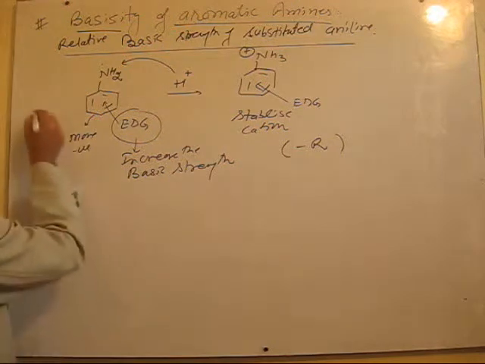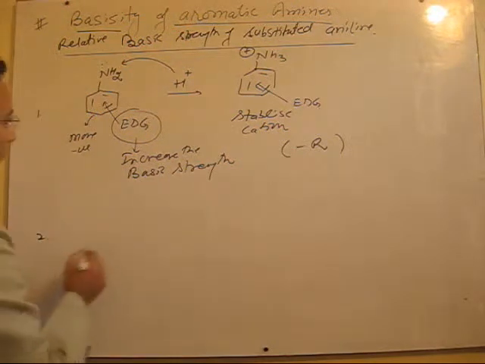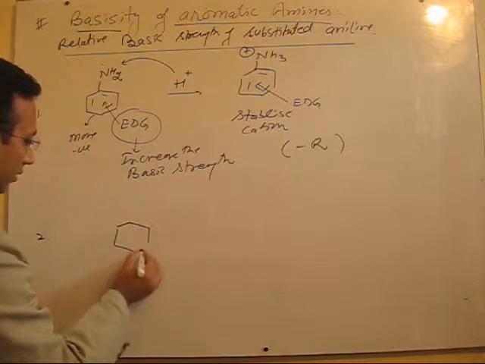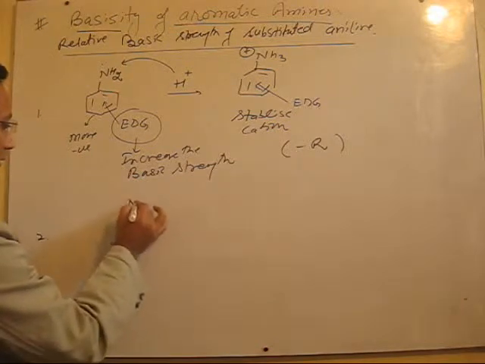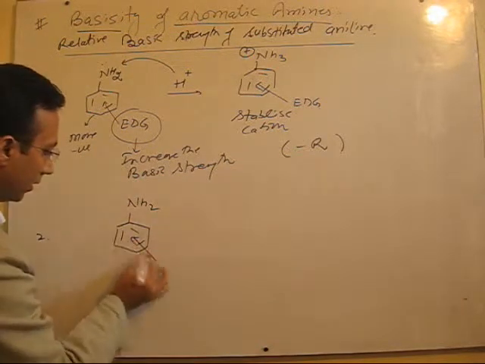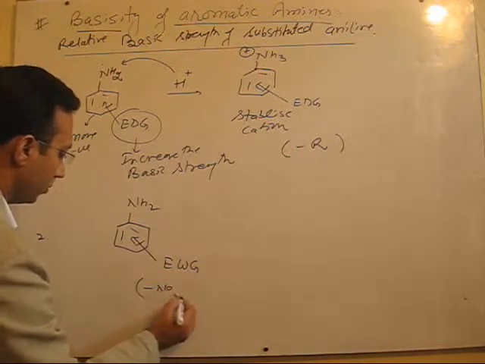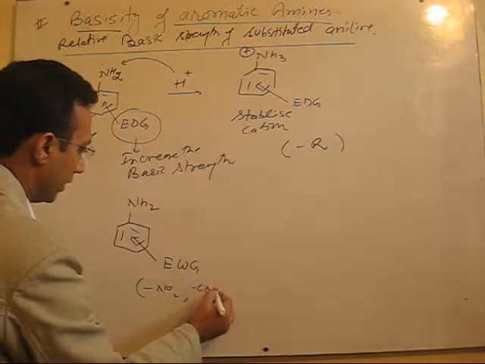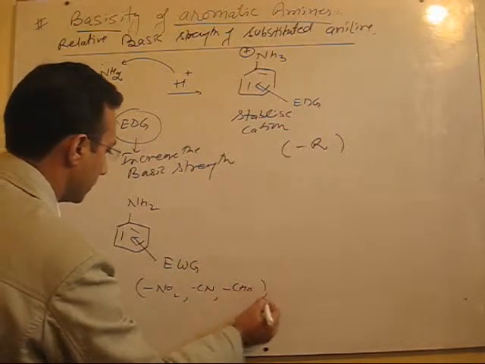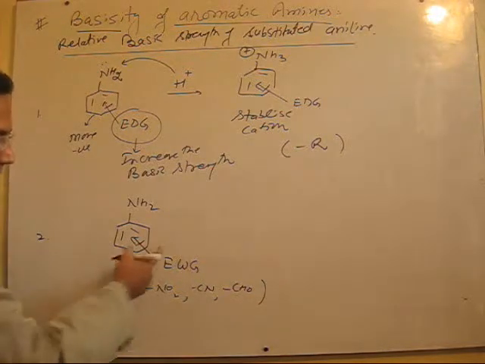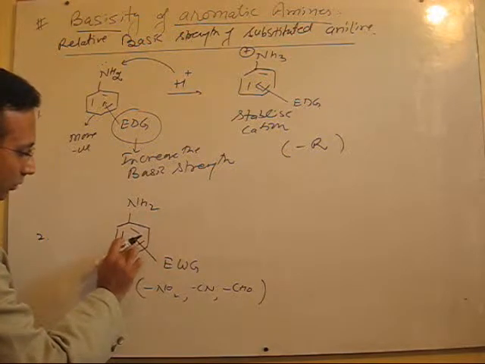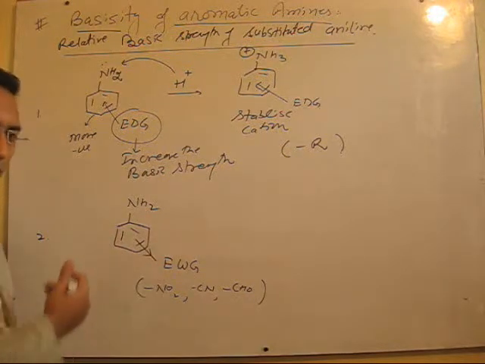So this is one. Next, if the substituent present on aniline is an electron withdrawing group like NO2 group, like cyanide group, like aldehyde group, etc. Now these groups have a tendency to attract the electrons towards themselves.